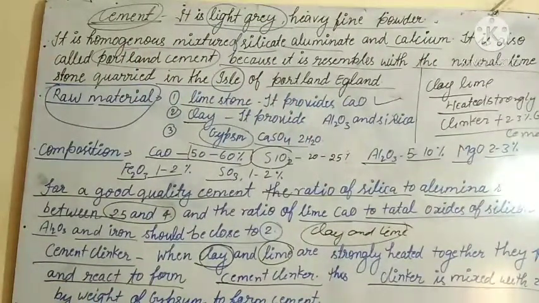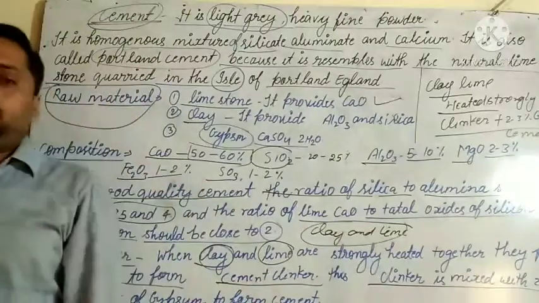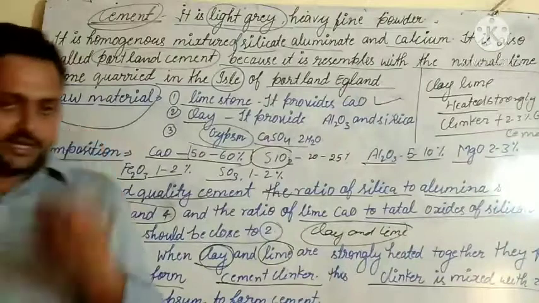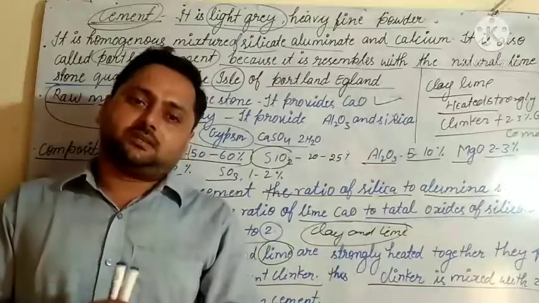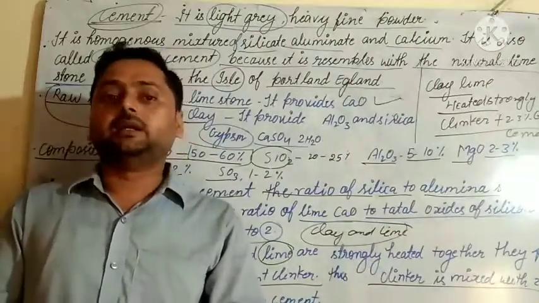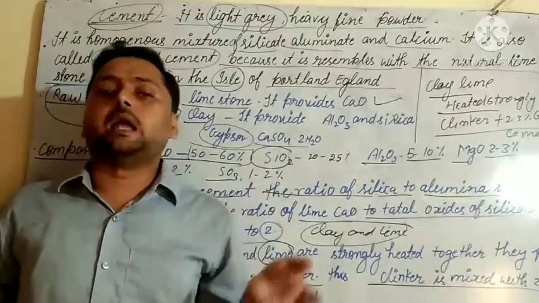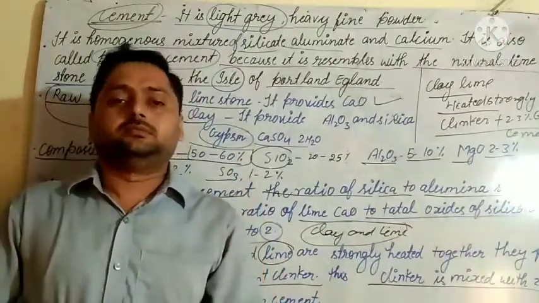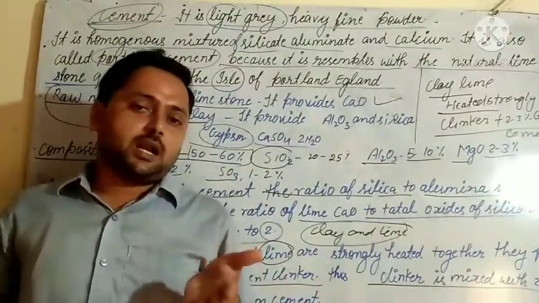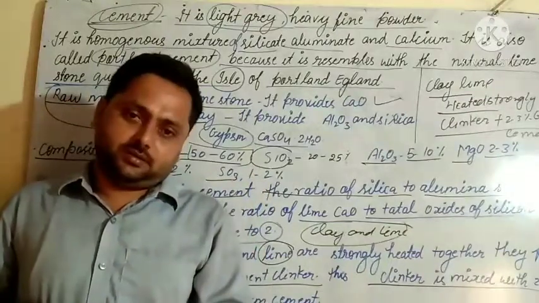Next is setting of cement. So you might have heard, you have seen, when we add water to cement, after some time that gets hard. So that is called setting of cement.